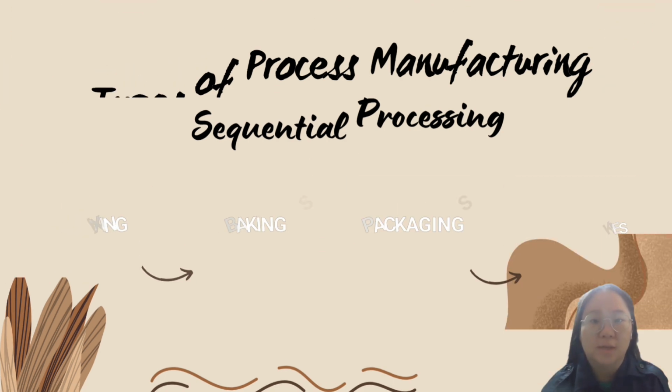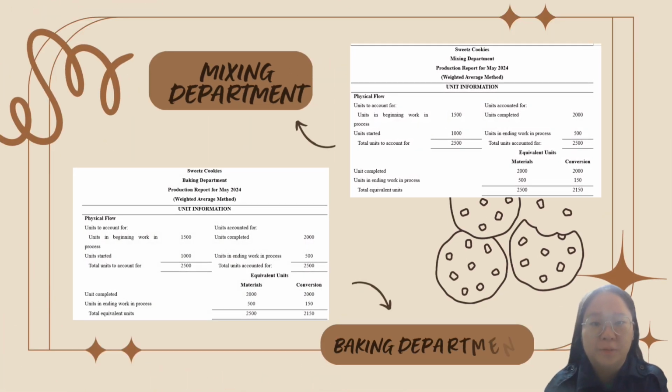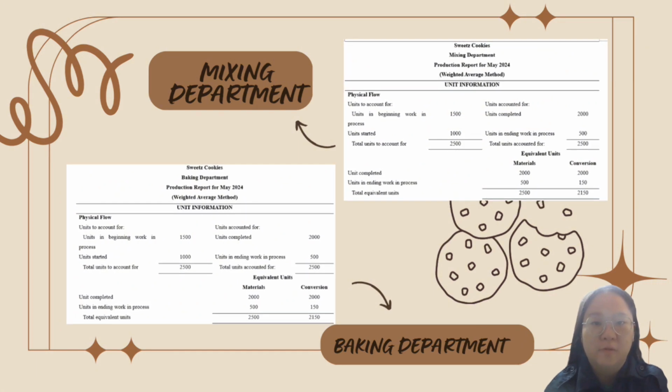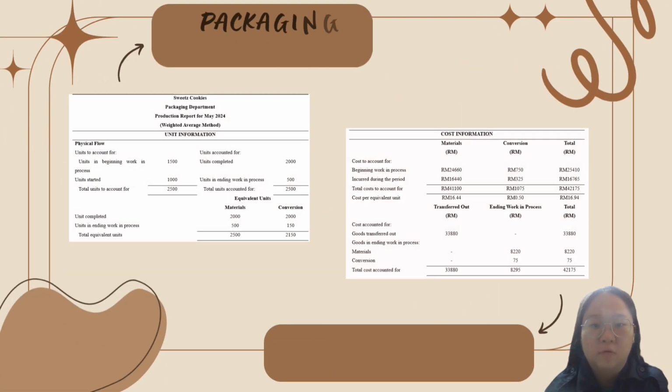Based on the production record in the 3 departments, in the unit information, the total units to account for and the total units accounted for are the same, which is 2,500 units, while the equivalent units are 2,500 units for material and 2,150 units for conversion.